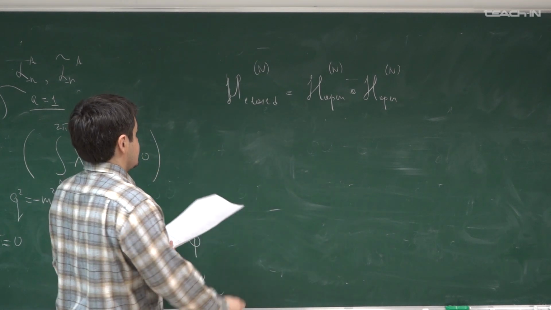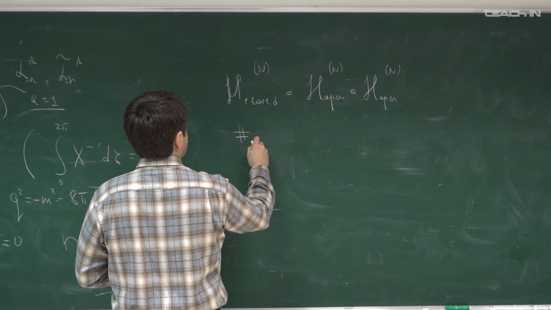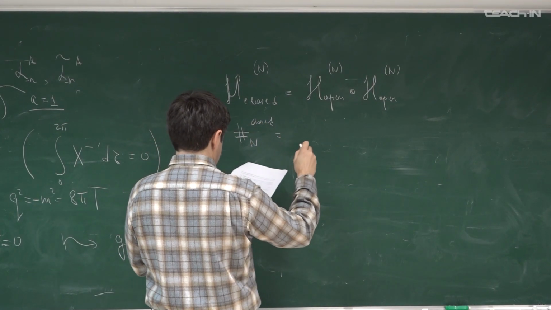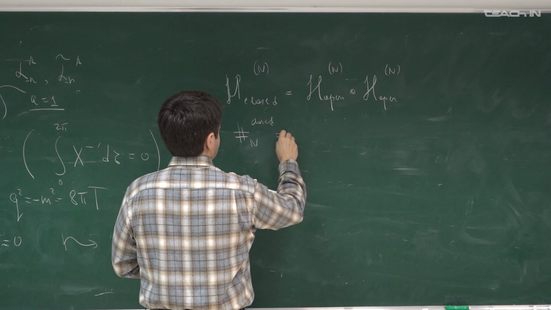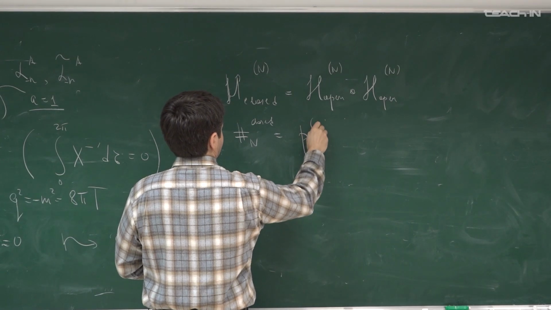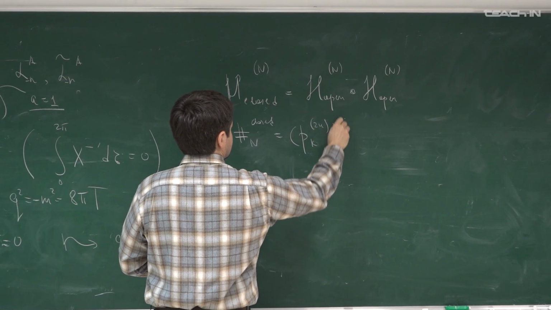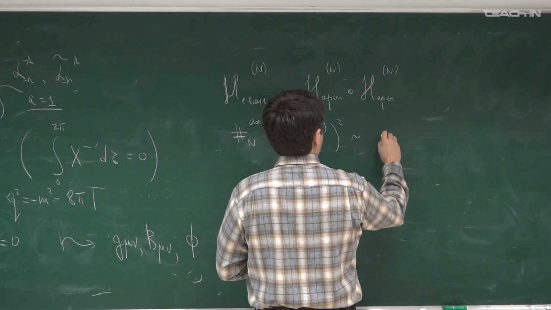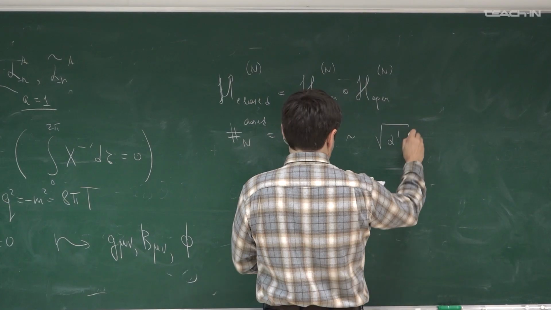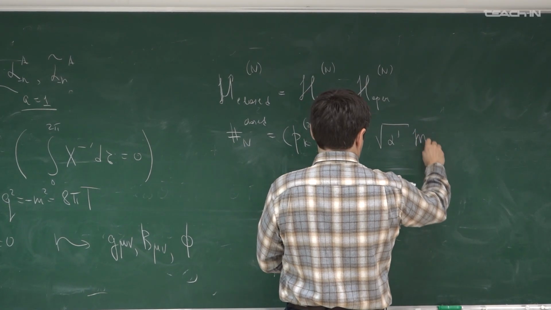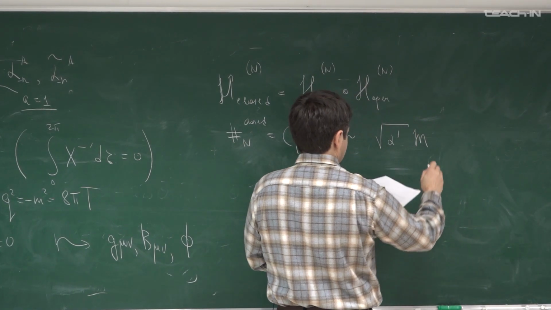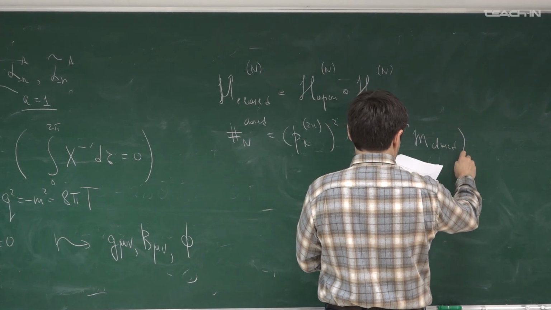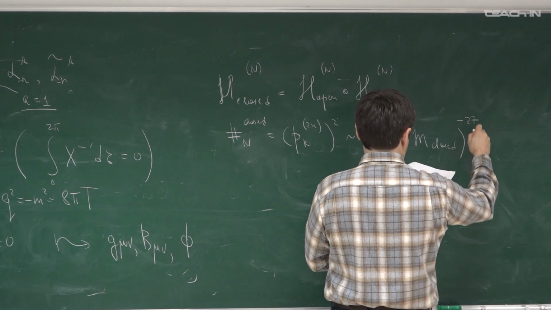So the number of states at level n is what we called p_24 squared, and it grows as exponential of square root of alpha prime times m for the closed string.